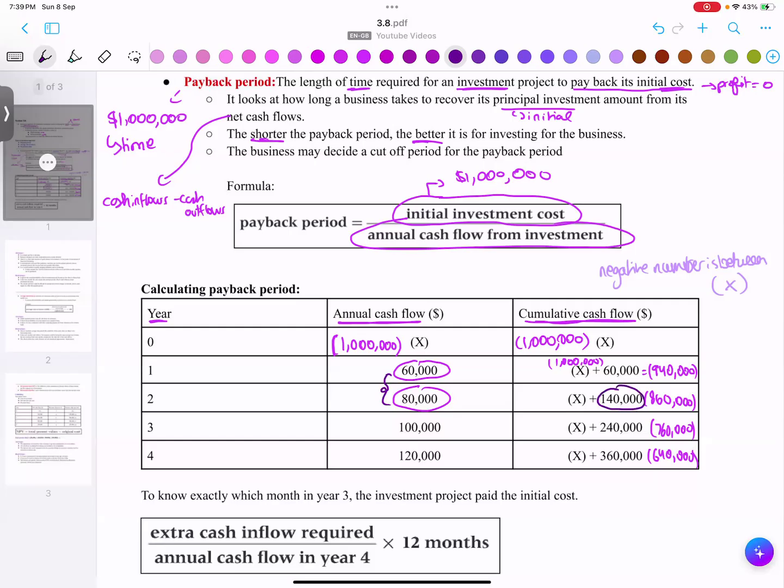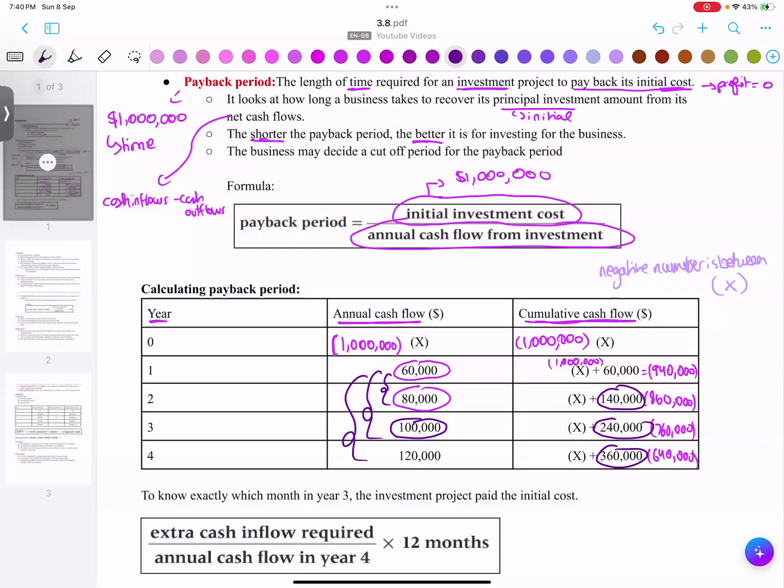That's true because it's negative 1 million plus 140,000, which is 860,000 negative. Then plus 100,000, so these three give you 240,000. Then plus 120,000, you get 360,000, right? We're just adding them. So negative 1 million plus 360,000, you get negative 640,000, right?